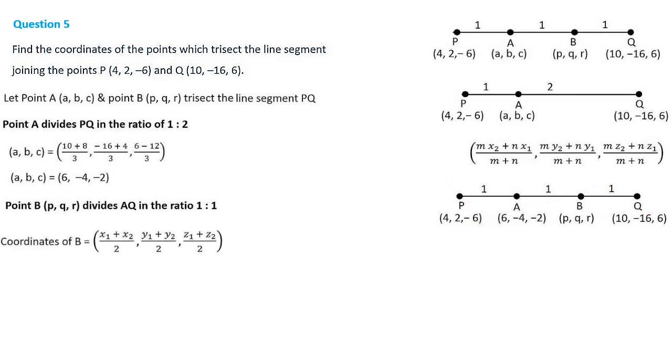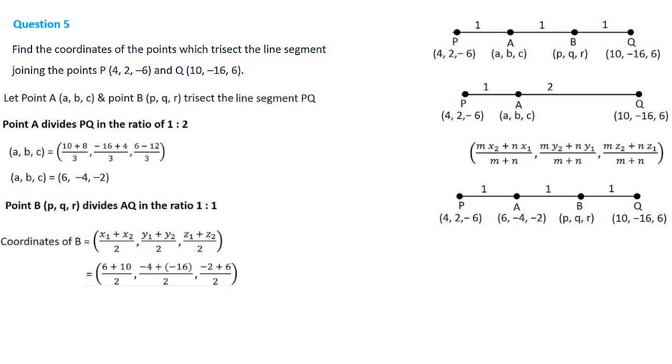That means the midpoint. Coordinates of B is (x1 plus x2)/2, (y1 plus y2)/2, (z1 plus z2)/2. Because A and Q we are considering, the ratio is 1:1. That means equal division. That means B is the midpoint. We can use the midpoint formula. The coordinates of B easily we can calculate.